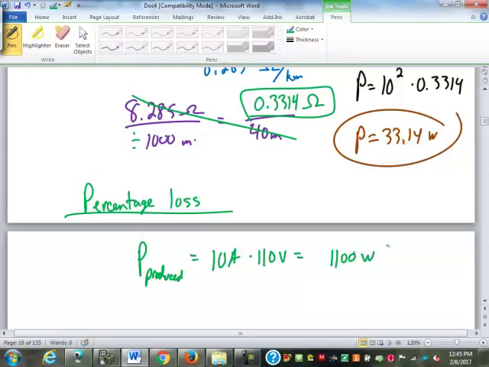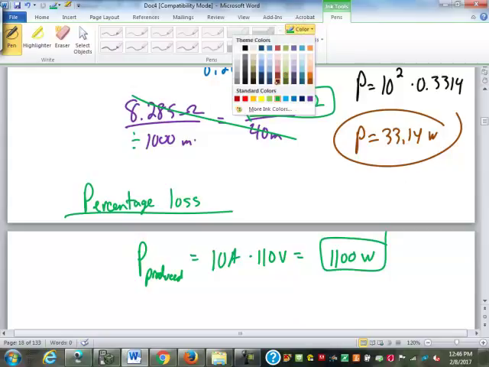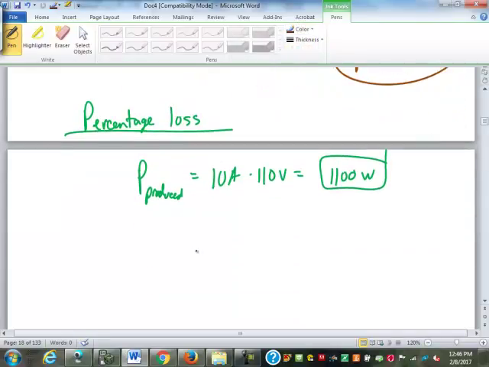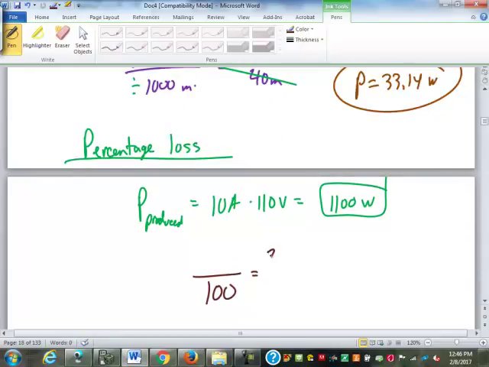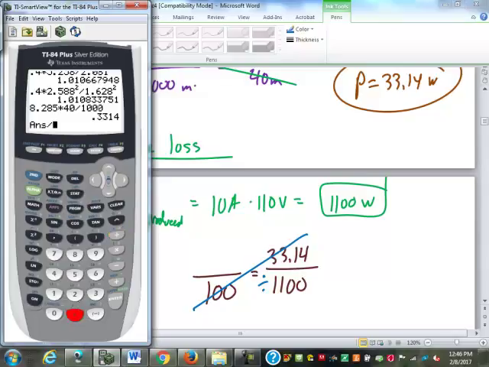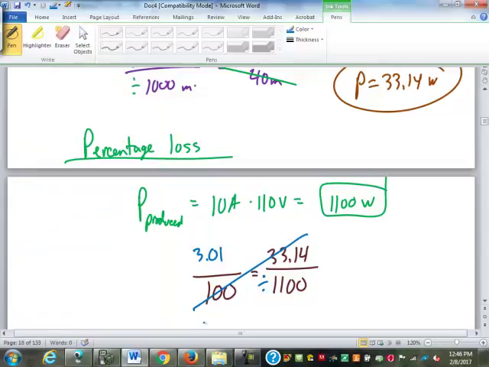It's 1,100 watts produced. So the percentage loss here, percentage size over 100, our loss is 33.14 over the 1,100, which is the amount generated. Cross multiply and divide. It has a 3% power loss. And just 40 meters of wire. 40 meters of wire is like 130 feet. So it's not a lot of wire.